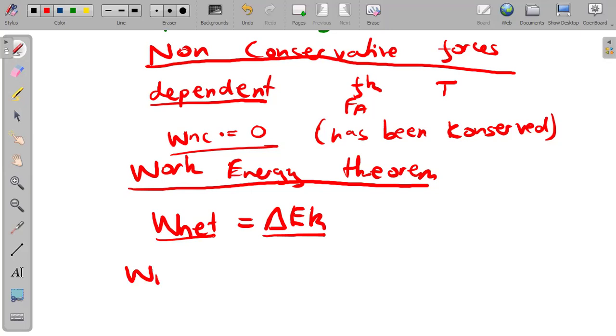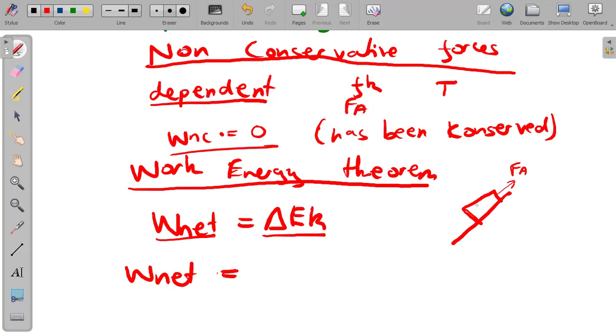When we talk of net work, the total work that has been done, it is the sum of the individual work done by the forces acting on an object. Let's give an example. We have an object on an incline, being pushed up the incline by a certain applied force, and the inclined surface is rough.